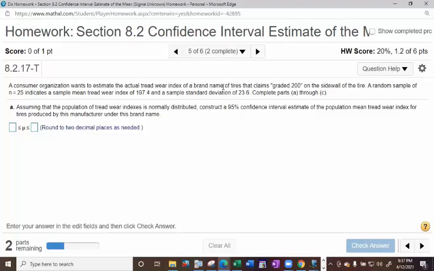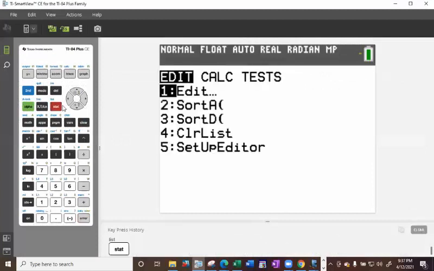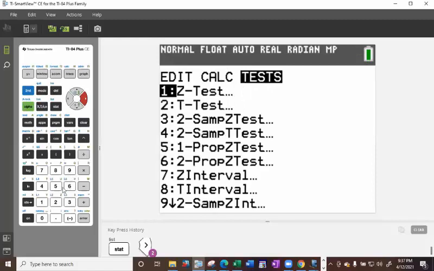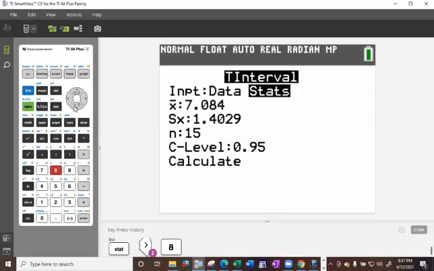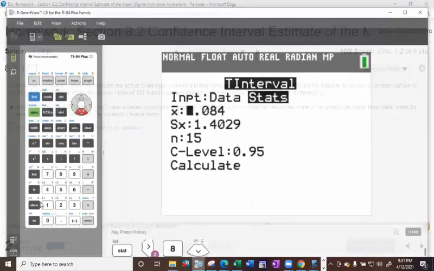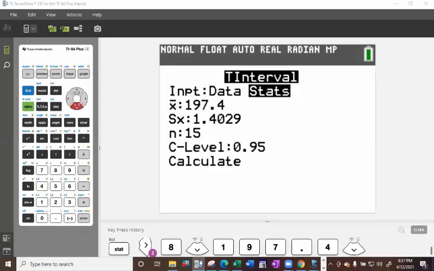Let's see. Okay. All right, 197.4. 97.4.